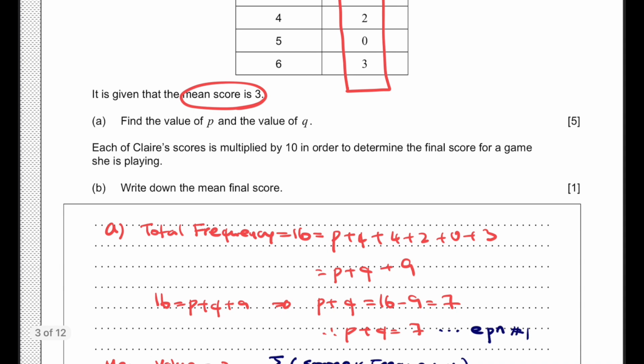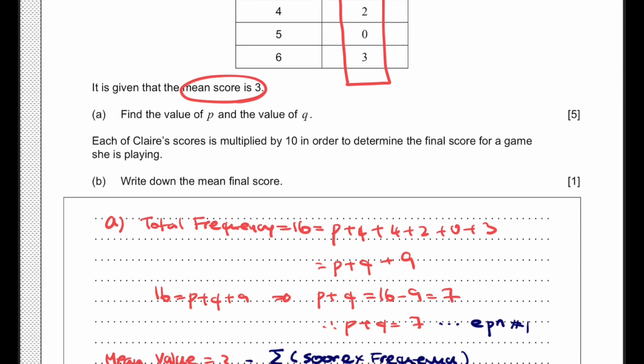Then let's look at question B. We need to write down the mean final score. What's happening is that each of Claire's scores is multiplied by 10. So let's not forget this part, right? Since it is multiplied by 10 in order to determine the final score for a game she is playing, what you can do is substitute the p and q values, multiply all the scores by 10 and then calculate the new mean value.